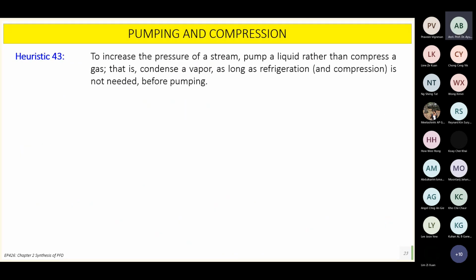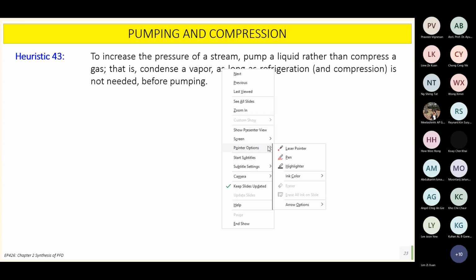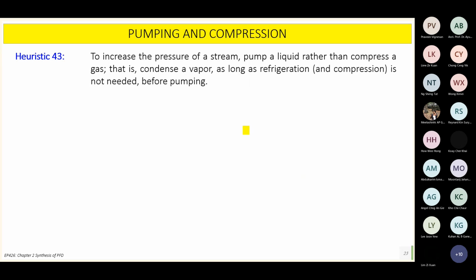Okay, now we move to pumping and compression. The last heuristic, pumping and compression, is about how to increase the pressure of a stream. To increase pressure, pump a liquid rather than compress a gas.